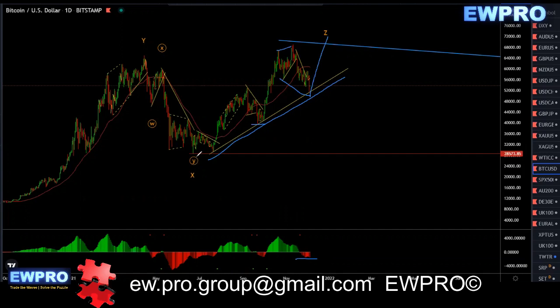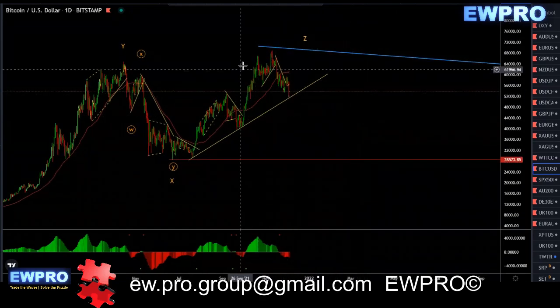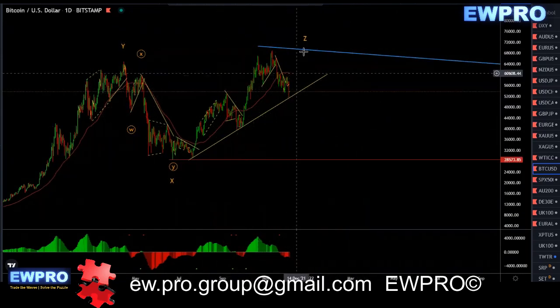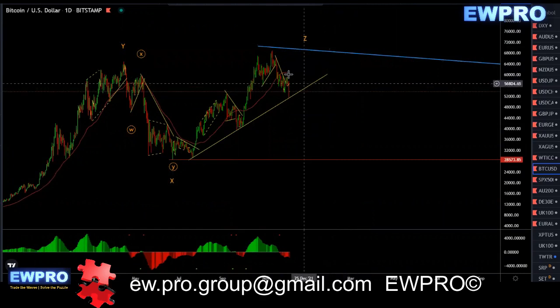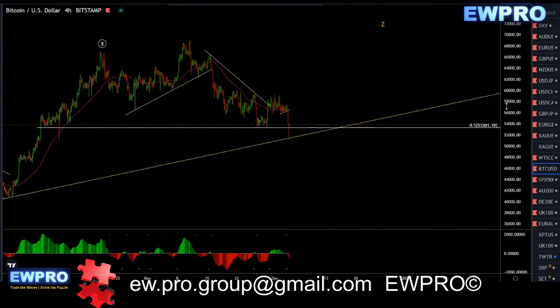Or even if we just look at it as a WXY, X2 and then a Z up, there is that chance, similar to gold. We get that flat, running flat, and then we get another high. So I definitely can't rule that out. This was quite tricky on the H4.